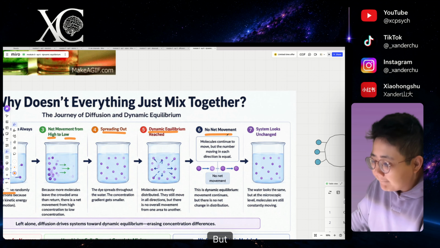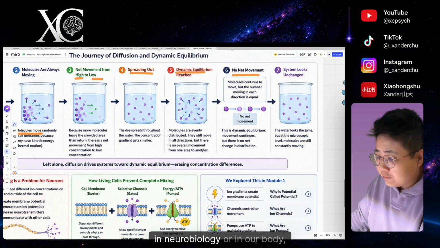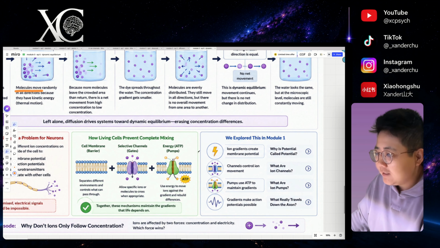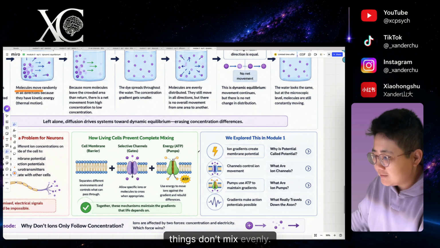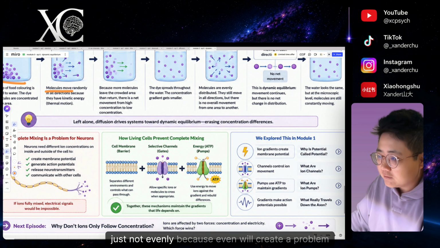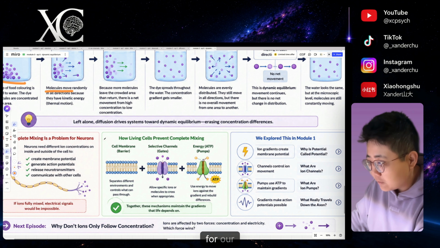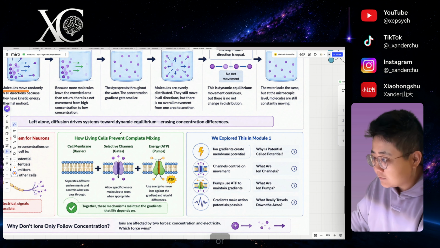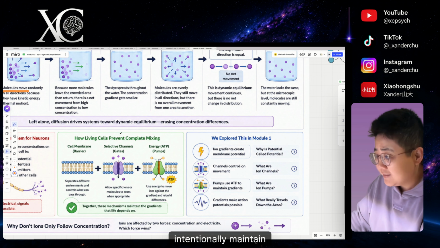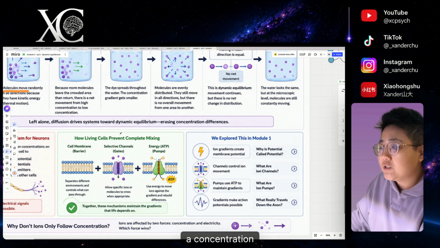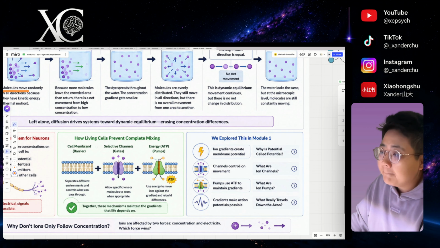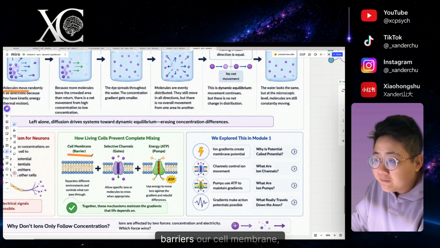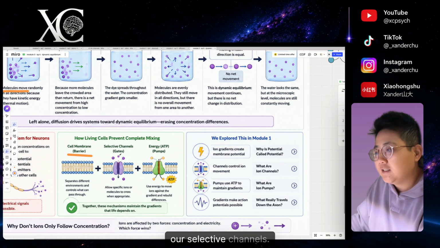Right? But in neurobiology, or in our body, things don't mix evenly. They do mix, just not evenly, because it would create problems for our neurons. And our neurons intentionally create and maintain a concentration gradient by using barriers, our cell membrane, and selective channels.